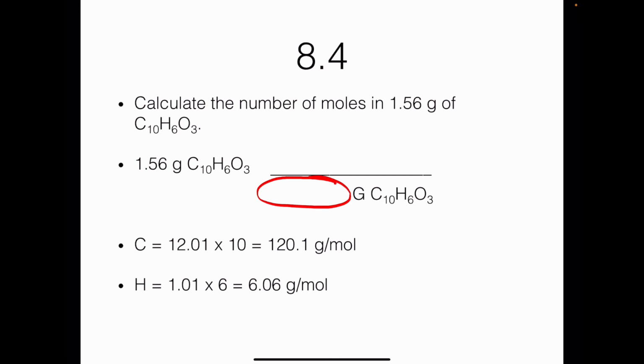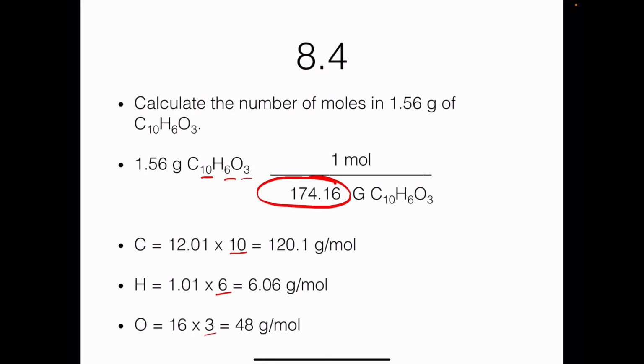So that gives us a total of 6.06 grams per mole. And for oxygen, 16 times 3, which gives us a total of 48 grams per mole. So remember, these numbers are coming directly from the formula. So when I add all these together, I get a total of 174.16 grams per 1 mole of this compound.